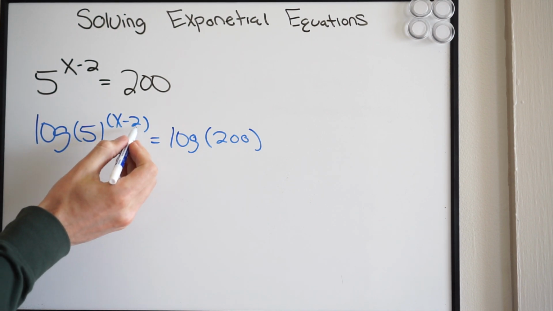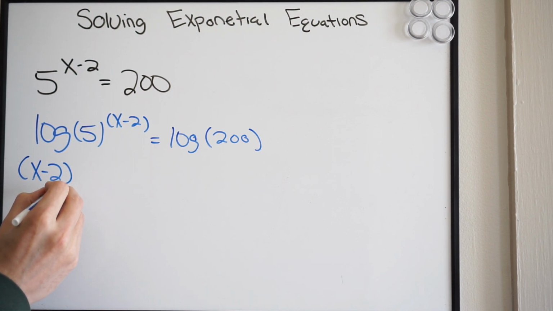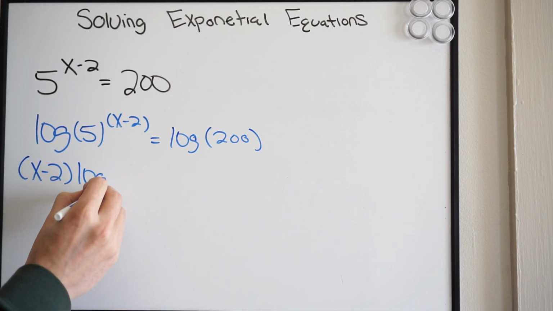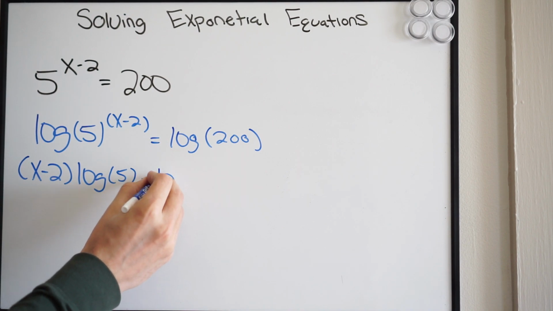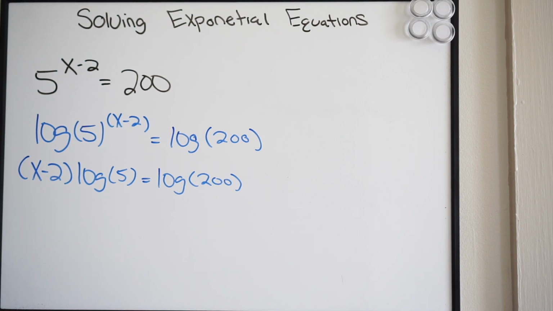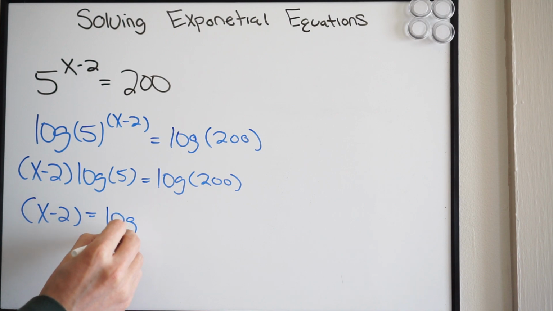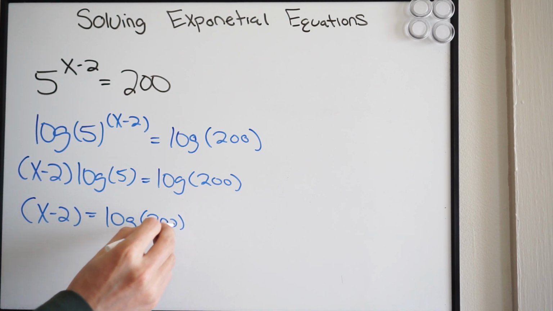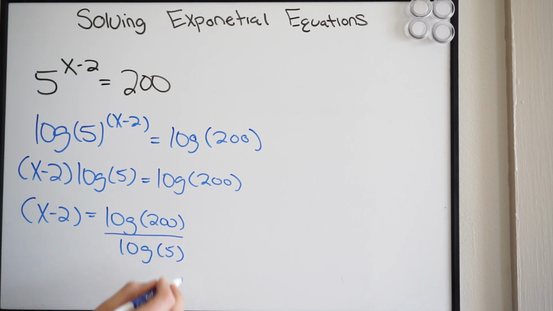This whole thing is going to come down to the front, so we have x minus 2 times log 5 equals log of 200. At this point you want to divide both sides by log of 5. So now we have x minus 2 equals log of 200 divided by log of 5.